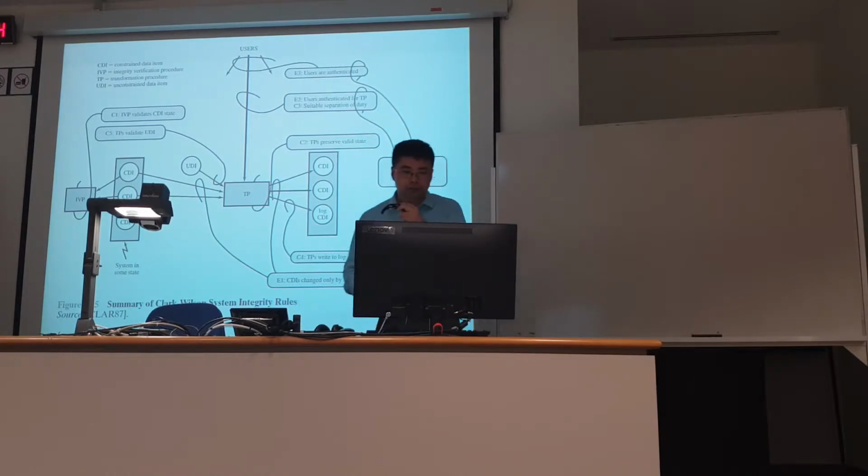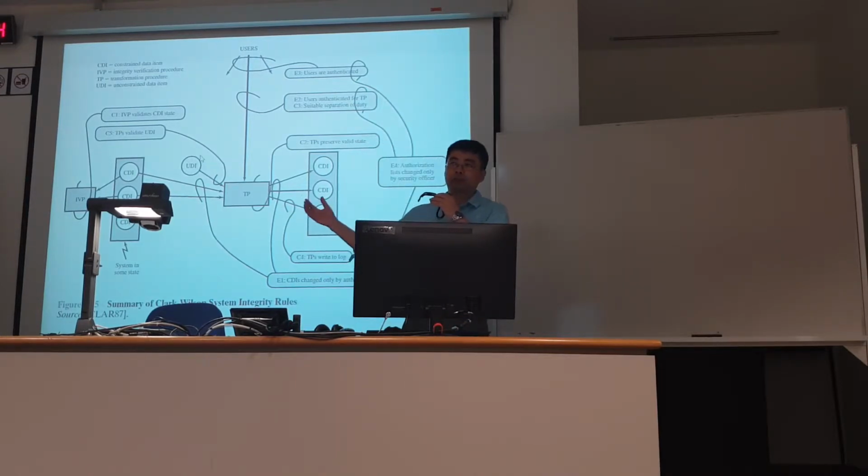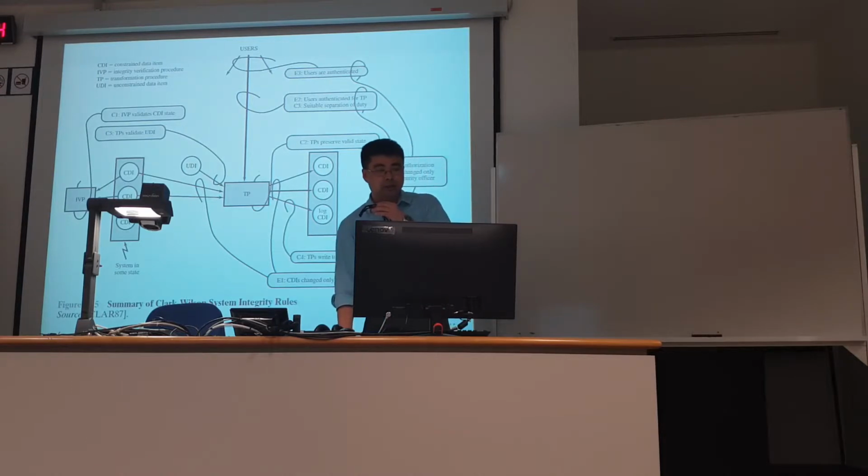Right, so here we have so-called constrained data items. You can consider these as secure data items, data items with integrity. You can also have an unconstrained data item, for example, data from a user from the external world outside the system. Then we call this an unconstrained data item.